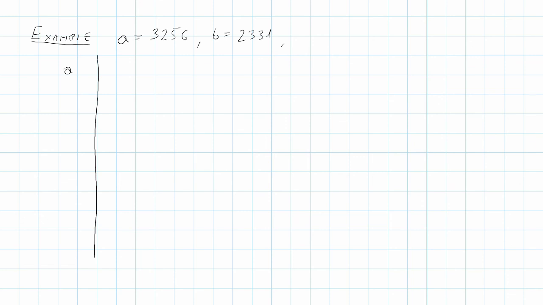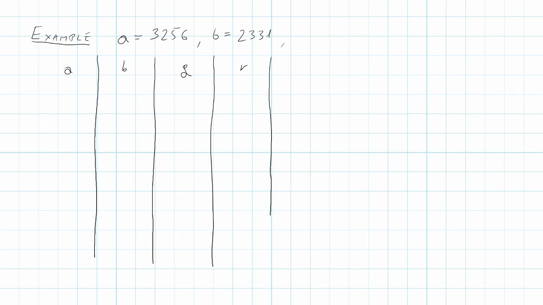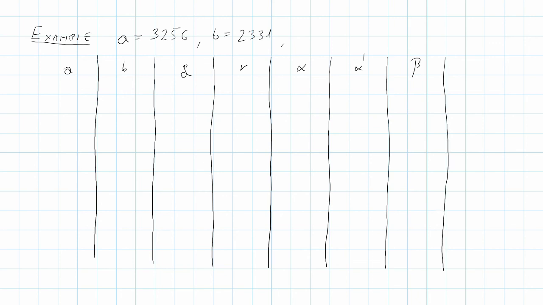We'll have a column B corresponding to the values of B. We had a remainder, but now we will need both quotient and remainder, and we have these auxiliary variables: alpha, alpha prime, beta, and beta prime.